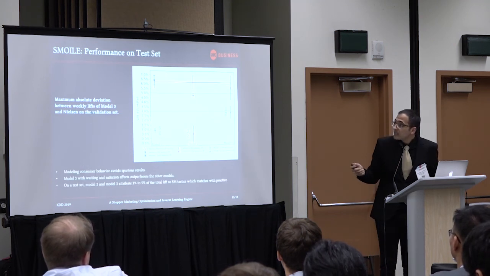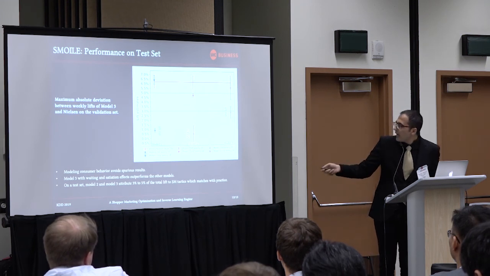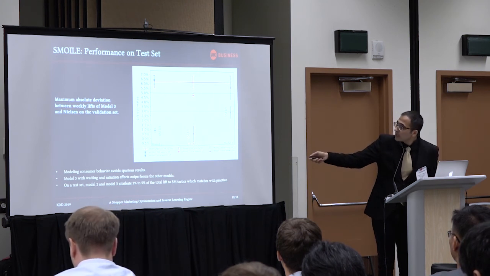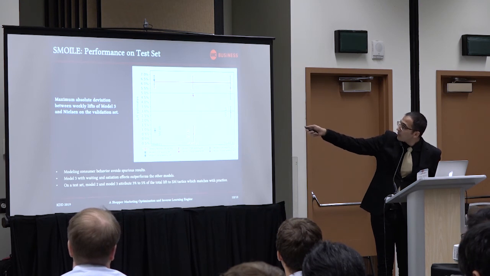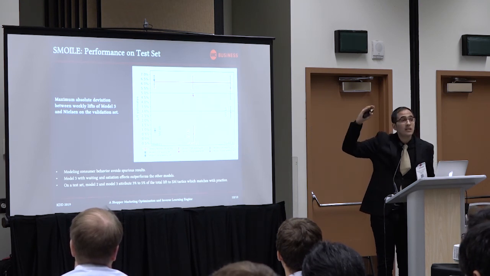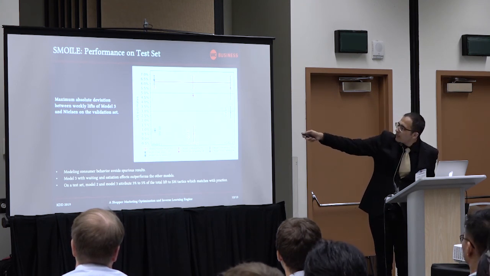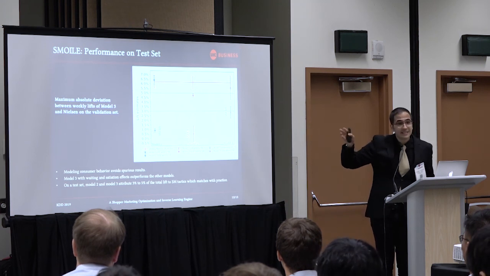Okay, with this, we can go to the performance of SMOILE on the test set. Here I have 3 models, as I mentioned before. In the first model, you can see that at the very top, the red line is the historical test set lift value. And you can see that the first model seems to fit the test set pretty well.